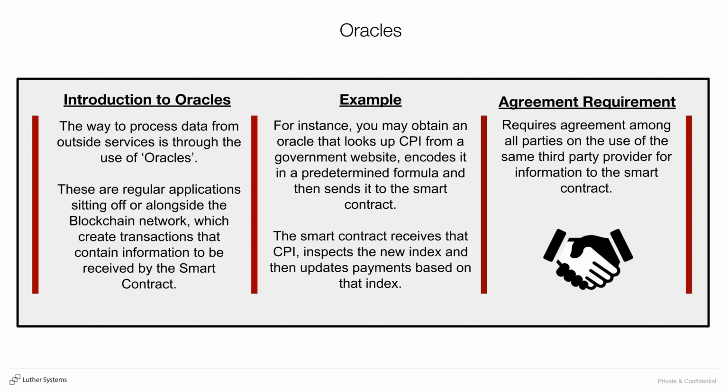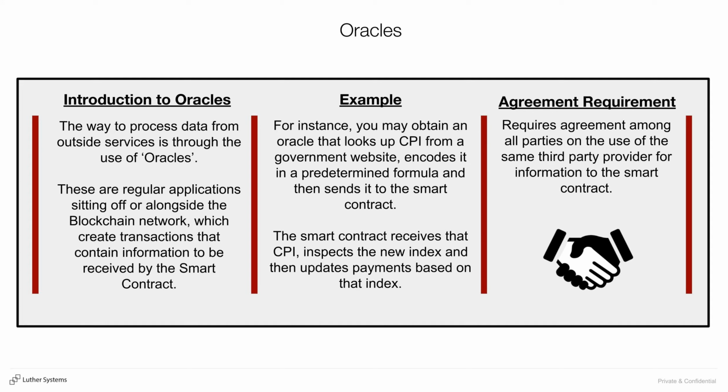So you could have 3 or 4 different insurance companies all agree on a single third party to provide that input to the smart contract, these CPIs, and then you encode that validation logic in your smart contract so that only that authorized third party can provide the data feed to the smart contract.